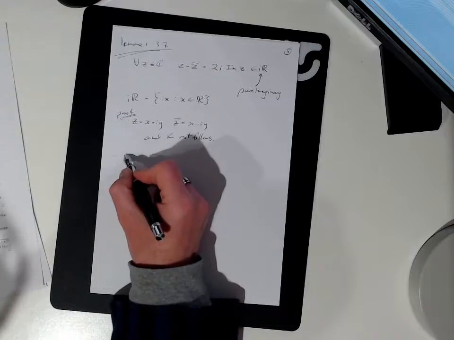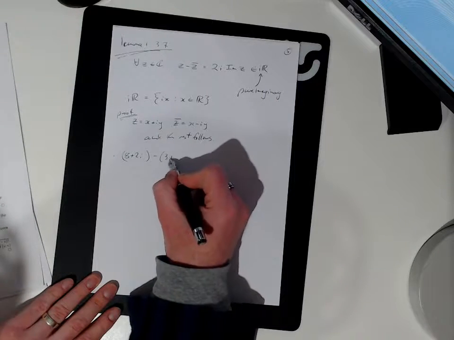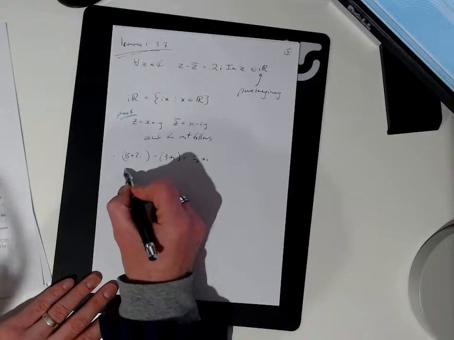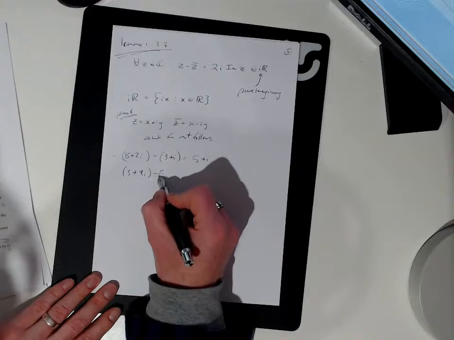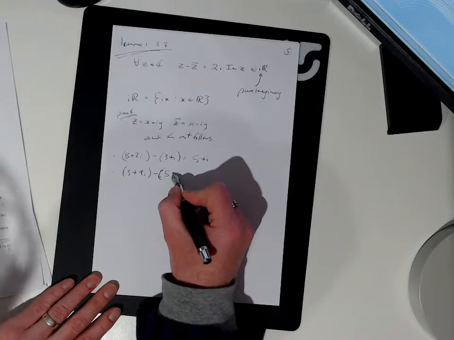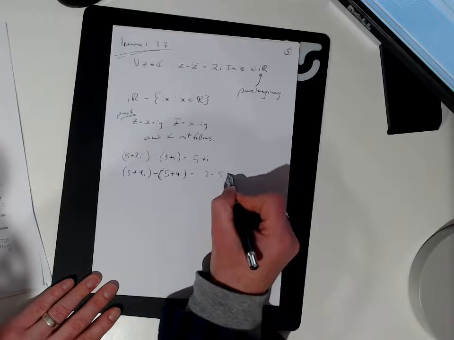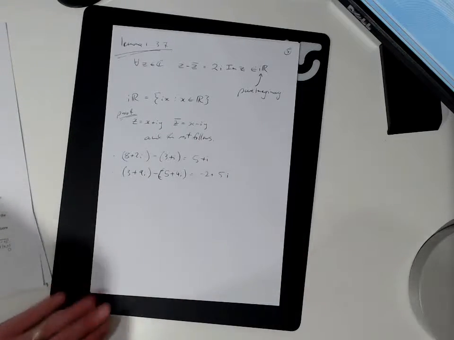So some examples. 8 plus 2i minus 3 plus i, is 5 plus i. 3 plus 9i minus 5 plus 4i, minus 2 minus 5i. Right.